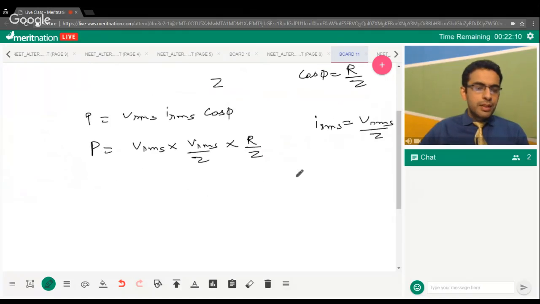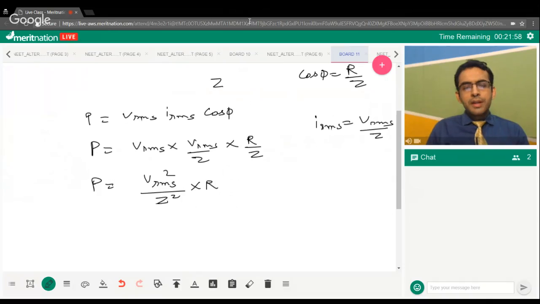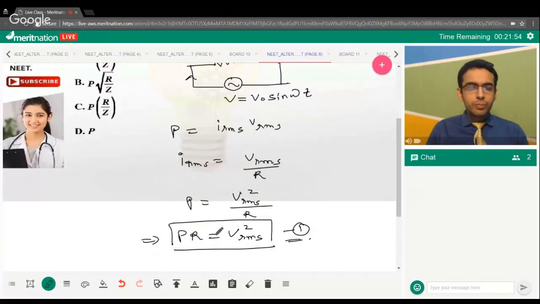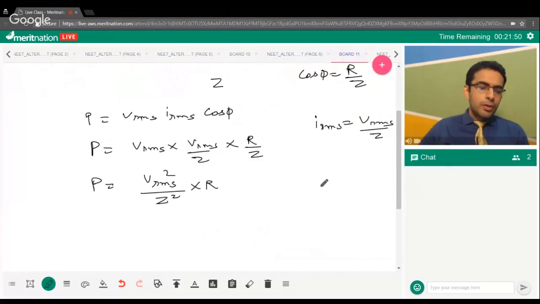So what do you see here? You can see P equals VRMS square divided by Z square into capital R. From equation 1, we have seen that VRMS square was equal to P into capital R, so we can put the value here.